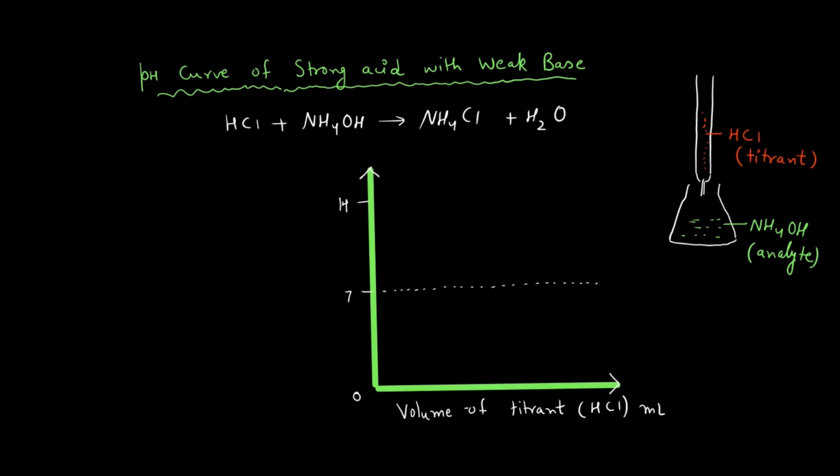Since my analyte is ammonium hydroxide, which is a weak base, my pH will start from here and then go like this, then like this. Okay, so the midpoint of this vertical line is called the equivalence point.